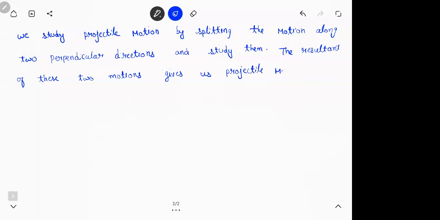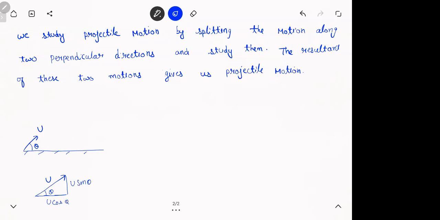Again, a pretty layman definition. These are just to explain what is happening. What do you mean by this statement actually? See, suppose you throw a particle with u and theta. I hope everyone studied the resolution of vectors. If this is theta, this is the opposite side, this is the adjacent side. Opposite side will be u sin theta, adjacent side will be u cos theta.